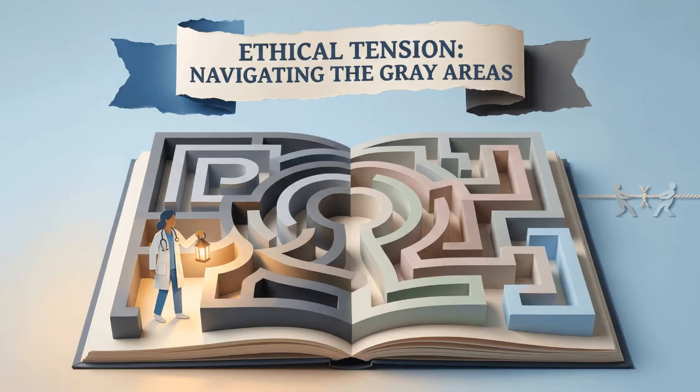By firmly grounding yourselves in the principles of autonomy, beneficence, non-maleficence, and justice, you can approach these challenges with both confidence and integrity. Remember, ethics is a continuous practice, not merely a theoretical concept to be memorized. This complexity underscores why communication becomes so critically important in bridging these gaps.